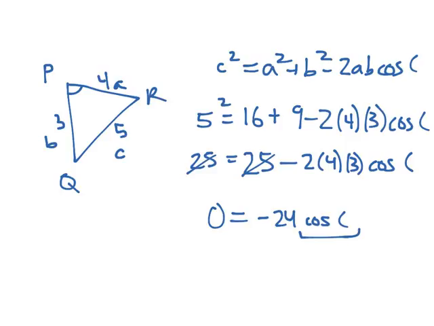This happens when C is 90 degrees. So, using the cosine rule, we see that this triangle is actually a right angle triangle. It has to be a right angle triangle based on the relationship between the sides. Doesn't it all make sense?